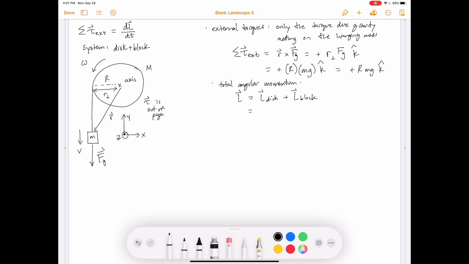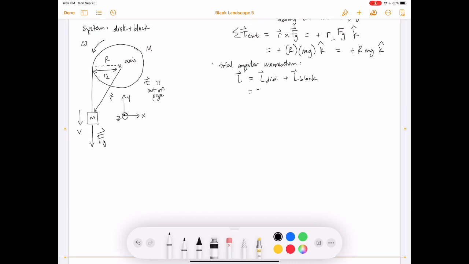Now, for the angular momentum of the disk, we can use the result I times omega, because we're dealing with a solid object rotating about a symmetry axis. Okay, so this formula will apply.